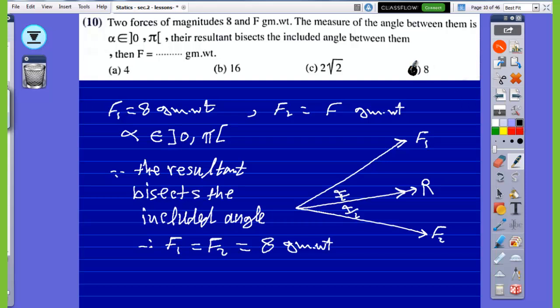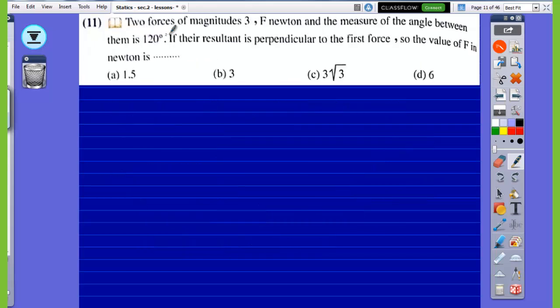No need for more calculation. Two forces of magnitudes 3 and F Newton, and the measure of the angle between them is 120. If the resultant is perpendicular to the first force, so the value of F in Newton is, so we'll draw it.